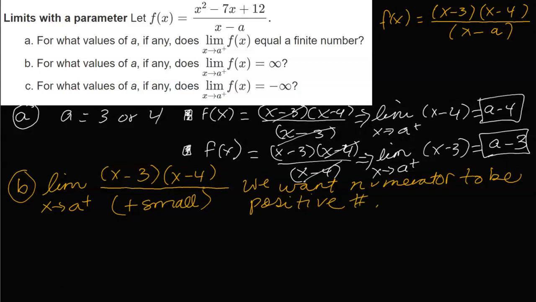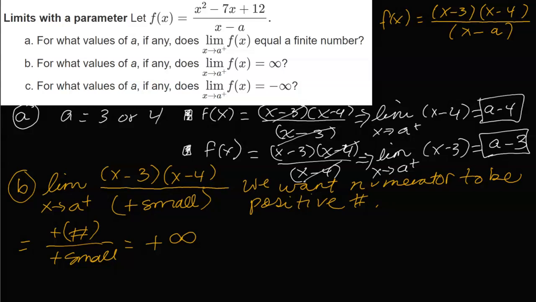Because then you would have a positive number divided by a positive small number, which would give you positive infinity. So we want the numerator to be positive.